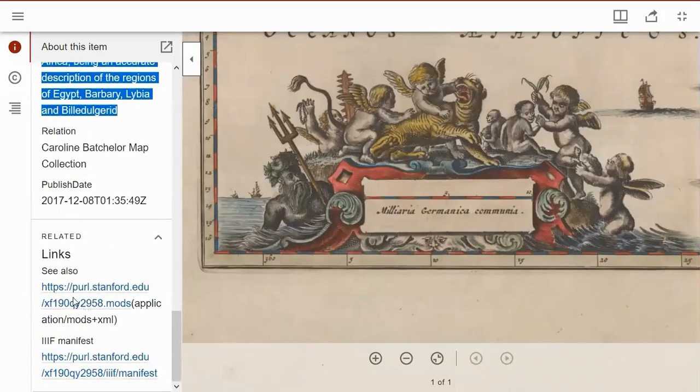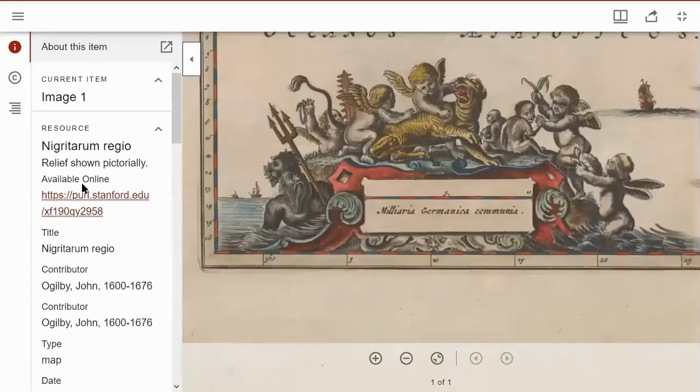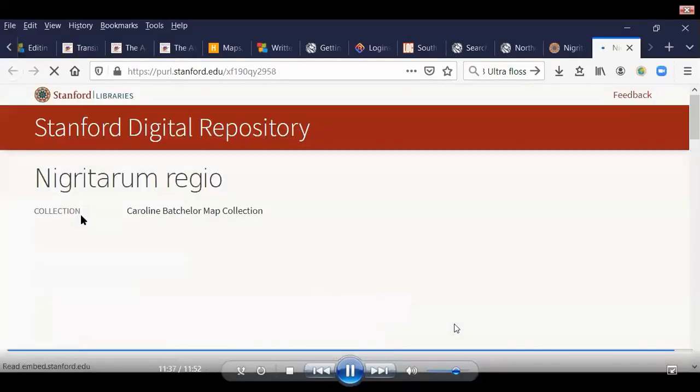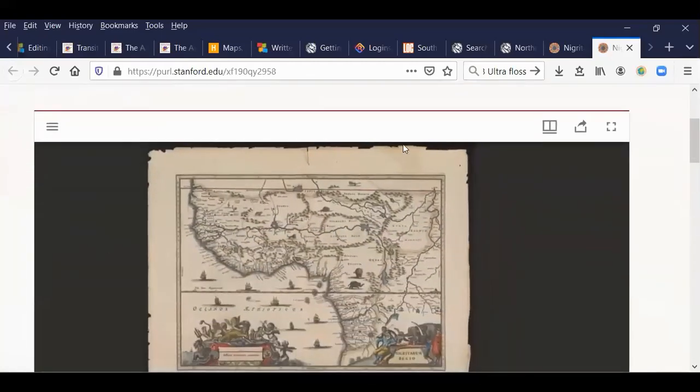The links are available here. The citation material is not immediately available, but you can get access to it again by copying that URL and getting access to it through that form. So have fun exploring the Stanford collection of Africa maps as well.